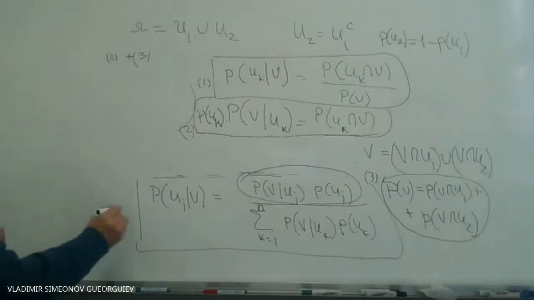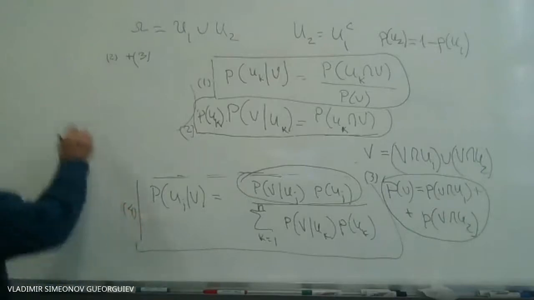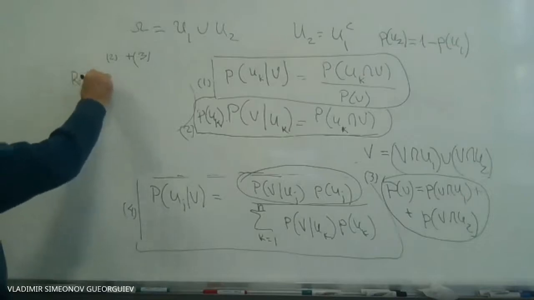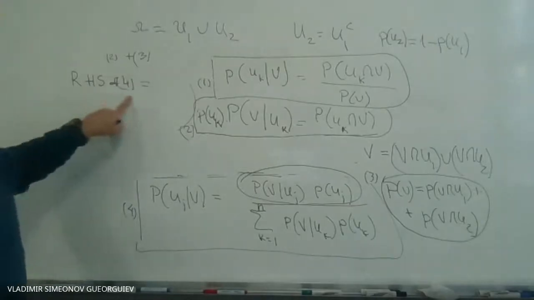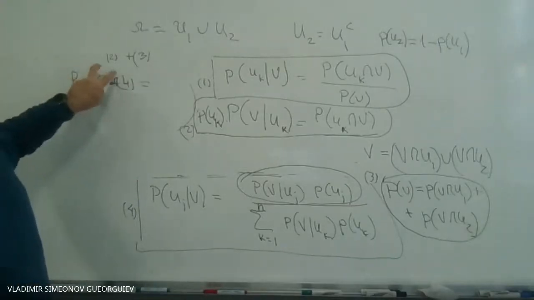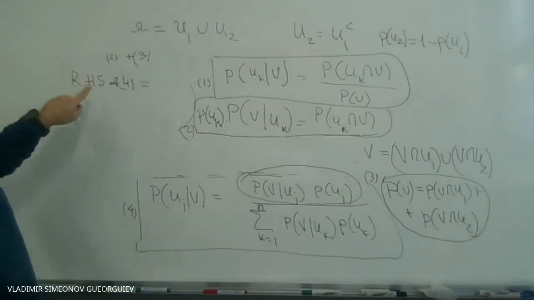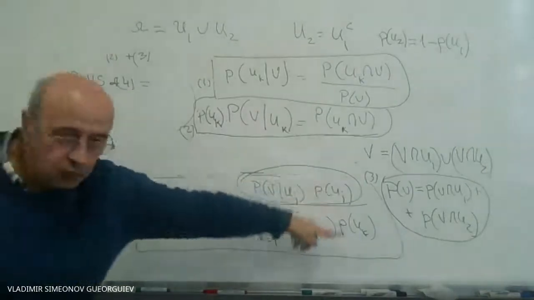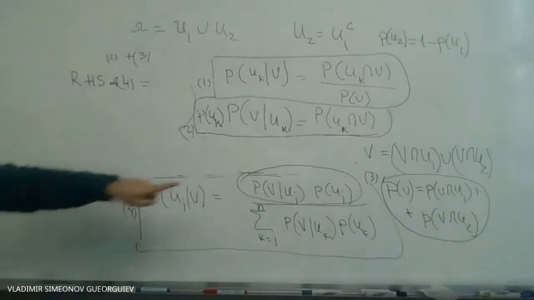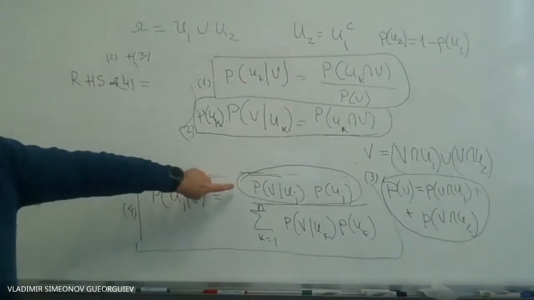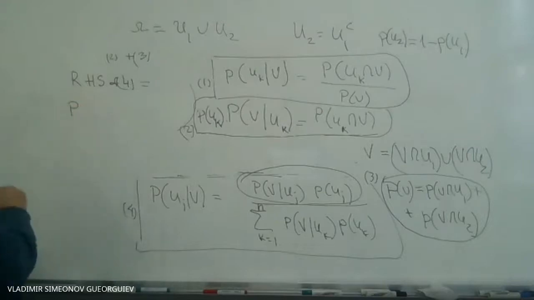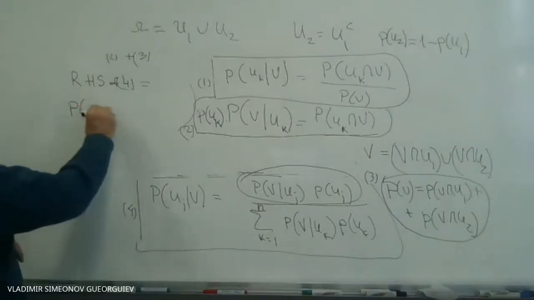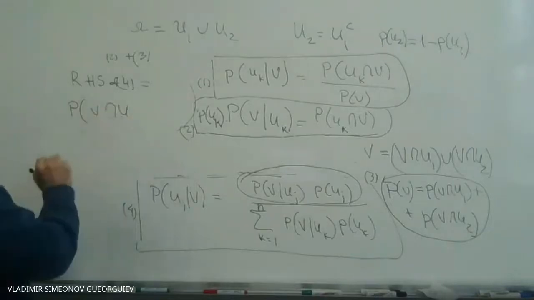Therefore, let us call this 4. I do not write the right-hand side of 4 due to lack of space. I am writing the right-hand side of 4. Look here. What is it equal to? According to 2, it is the probability of V intersected with Uj.